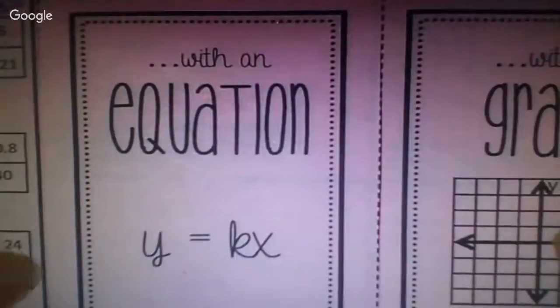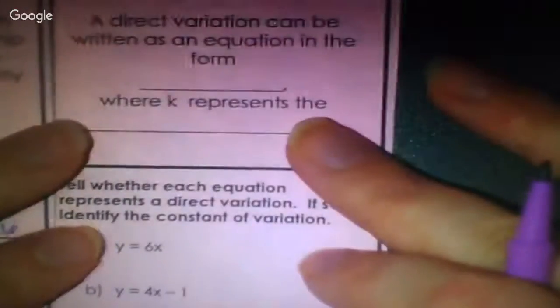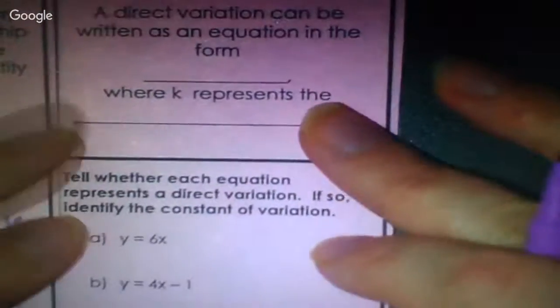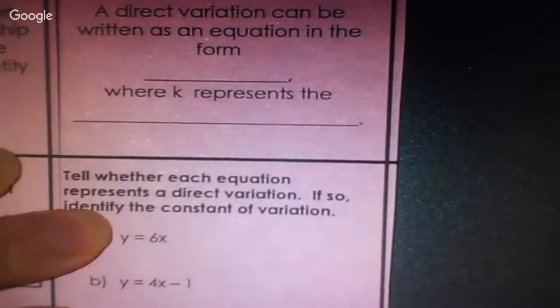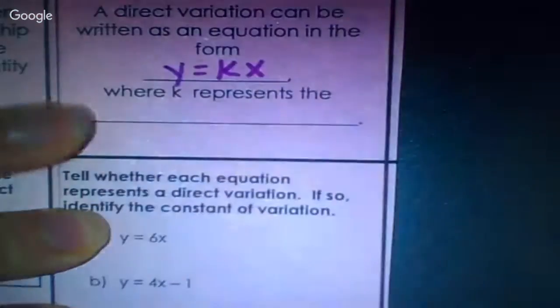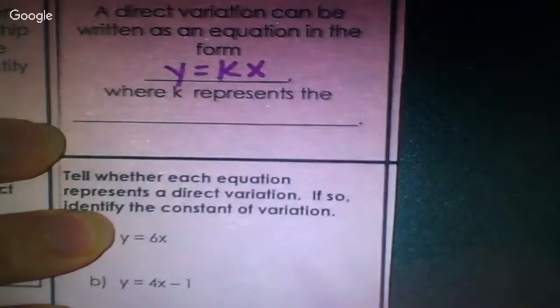Okay. So you checked it with a table, now with an equation. A direct variation can be written as an equation in the form y equals k times x, where k represents the constant of variation.